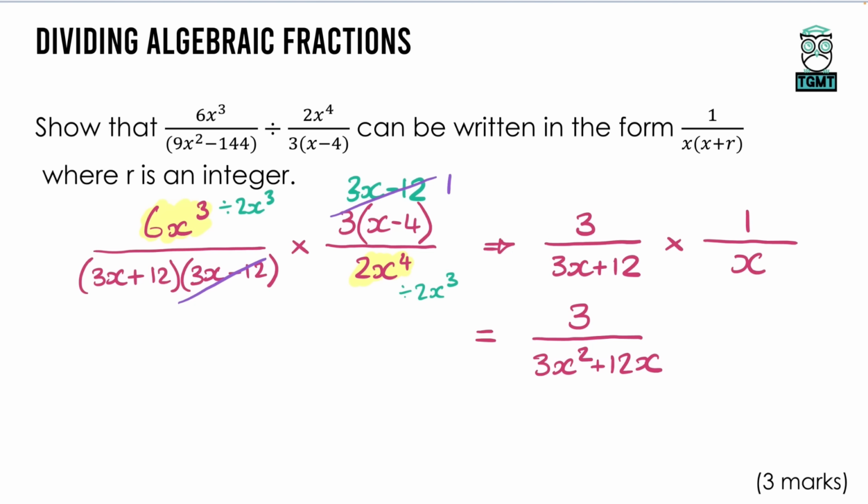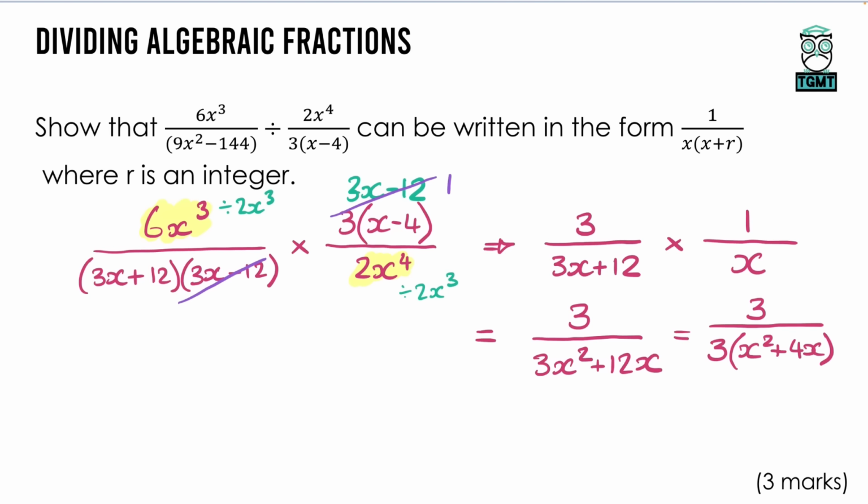Now we're getting there, but this does want it in a particular form. It wants it to be 1 on the top. Now if it wants it to be 1 on the top, that means that the numerator and denominator must divide by 3. And you can see that that denominator does factorise by 3. So we could factorise the bottom by 3, so we can cancel these 3's off, and that would leave us with x squared plus 4x.